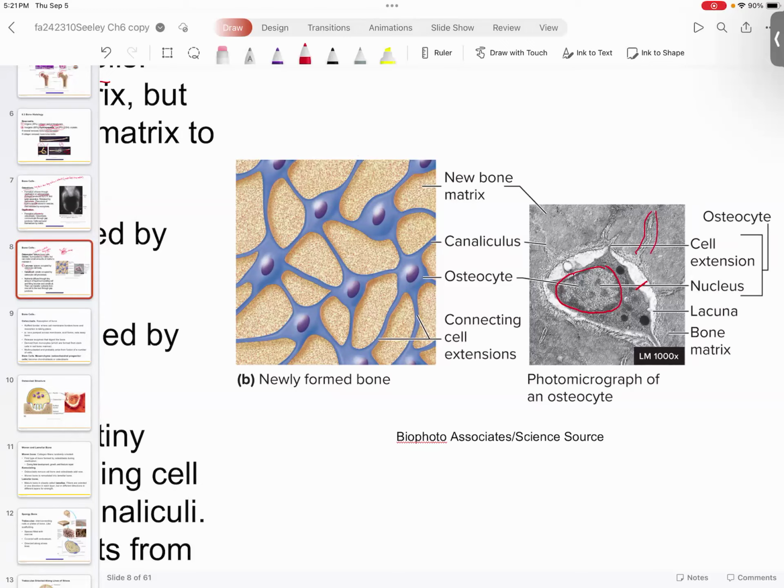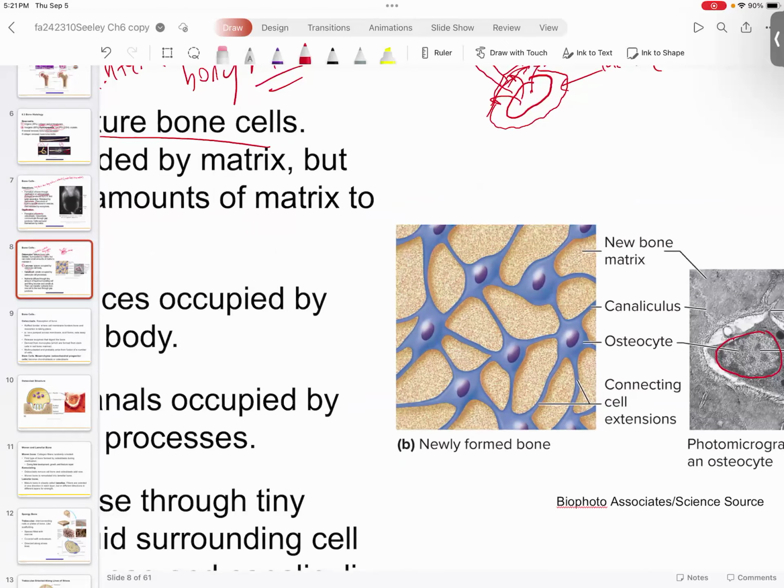Those are what's called the canaliculi. The osteocyte, instead of just looking like a cell, actually looks like a little octopus. It sends off these projections, extensions, tentacles of sorts, which are evaginations of the cell membrane.